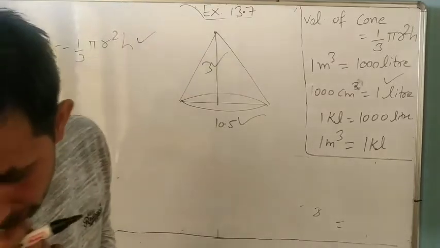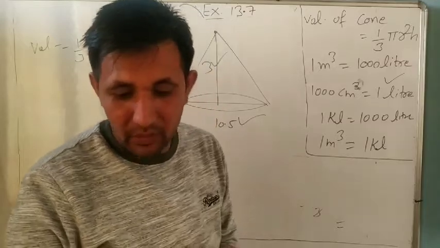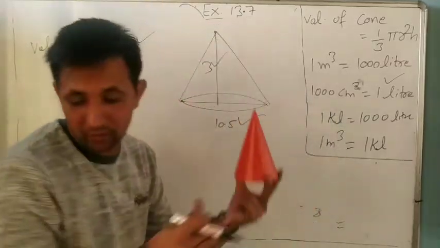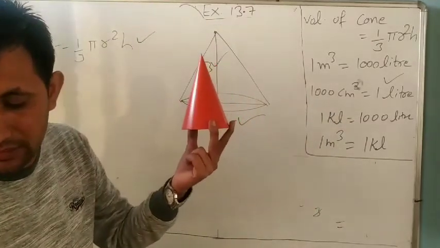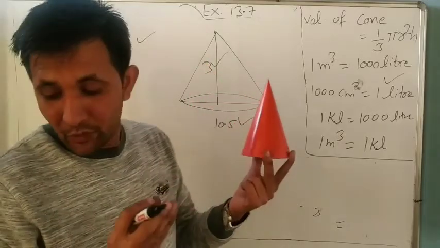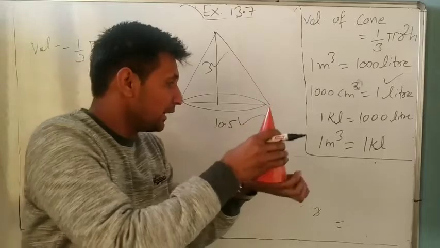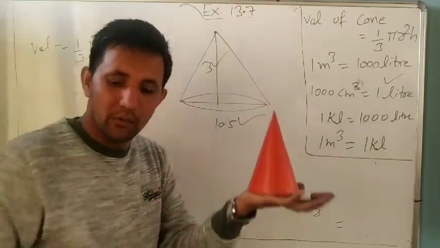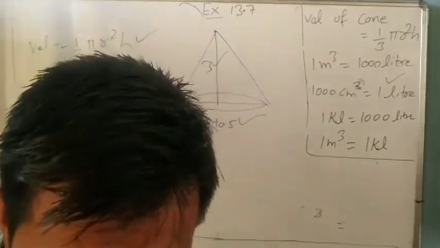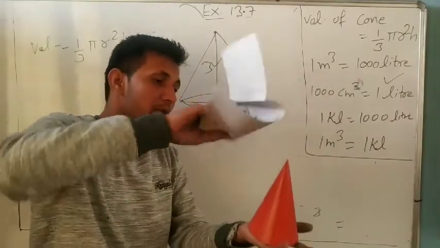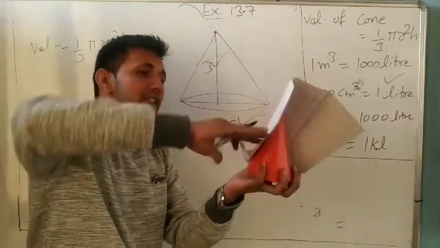In the next part, the heap is to be covered. It is the heap of wheat and you want to cover it with canvas. Canvas means cloth. To protect it from the rain, find the area of canvas. Yes, if it is a heap and you cover the heap with cloth, we will use cloth only on the outer side.